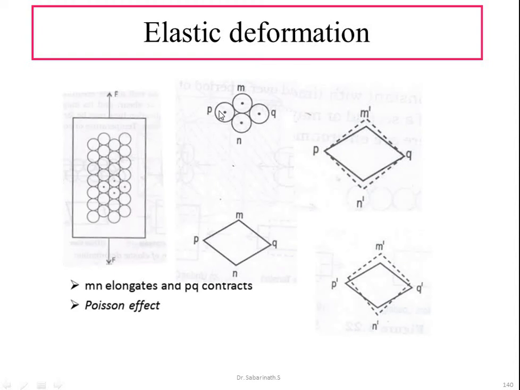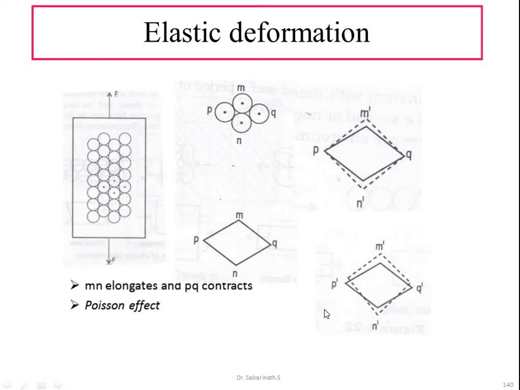So now let us consider four atoms here named P, Q, M and N, and when we apply some tensile force, M and N will change to M dash and N dash. That means some increase in dimension will be there at the atomic level.